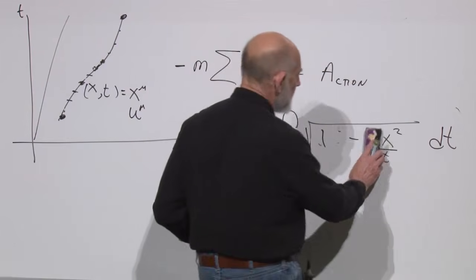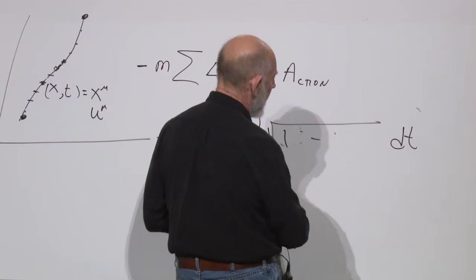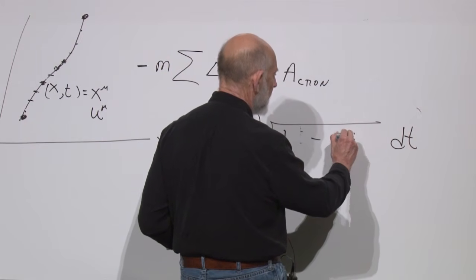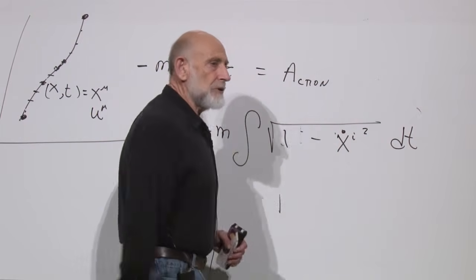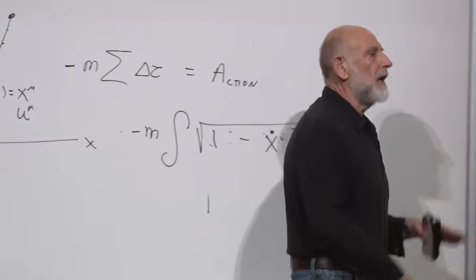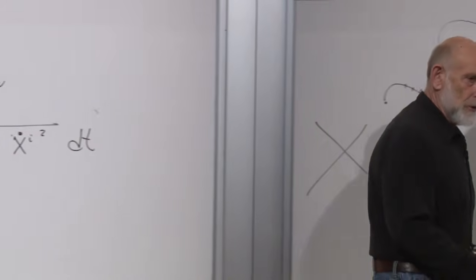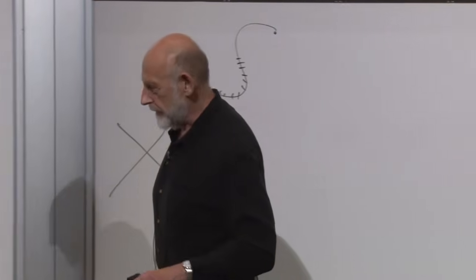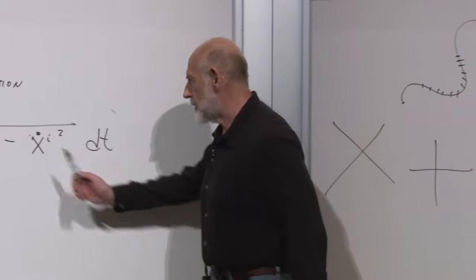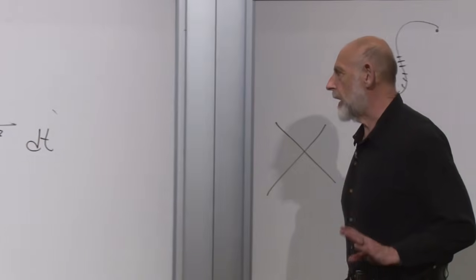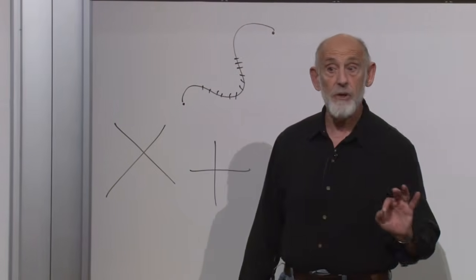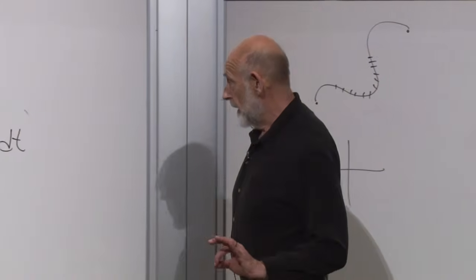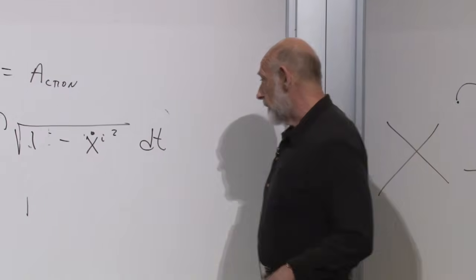So this becomes 1 minus velocity squared, or 1 minus x-i dot squared. x-i dot squared means x dot squared plus y dot squared plus z dot squared. All right. I won't bother writing the sum, and I won't bother writing x, y, and z. It's just x sub i dot, and dot now means derivative with respect to ordinary time.